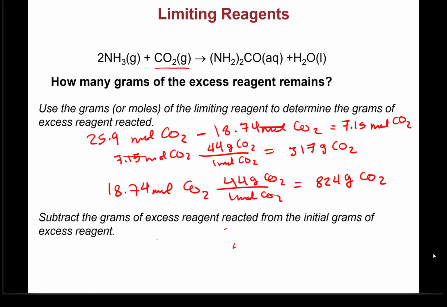So the excess carbon dioxide is going to equal 1142 grams that we initially had of carbon dioxide minus 824 grams carbon dioxide that reacted after the reaction is complete. That will leave us with 317 grams carbon dioxide in excess.